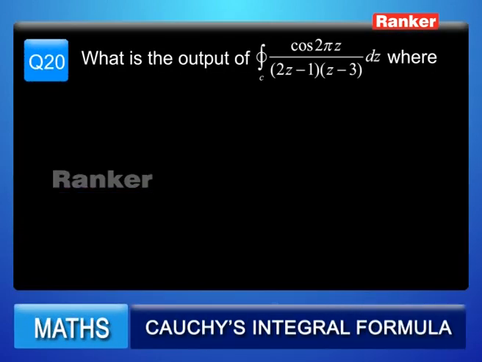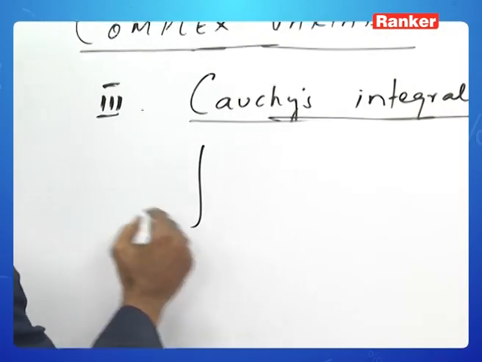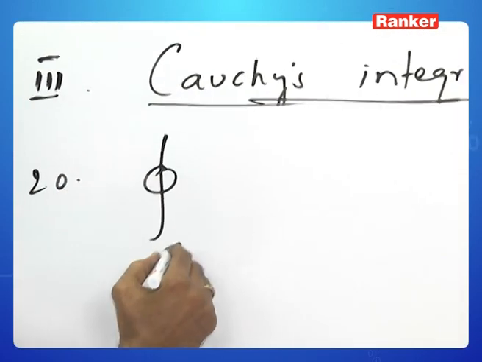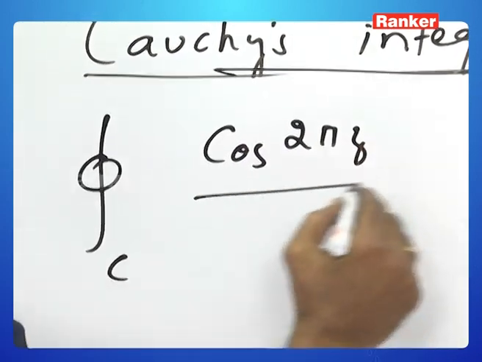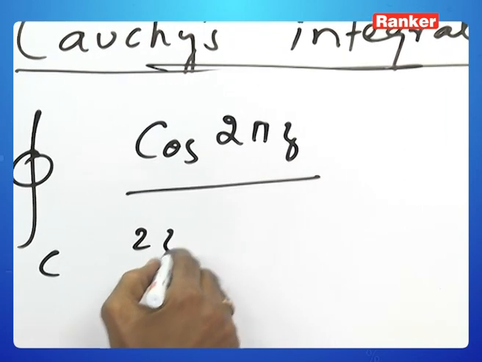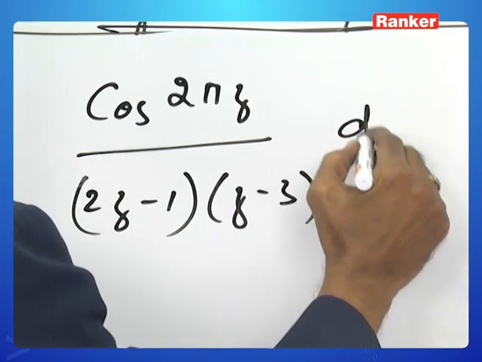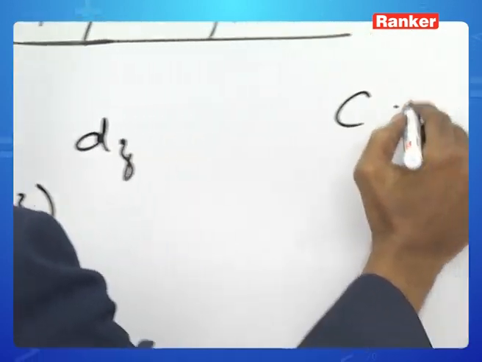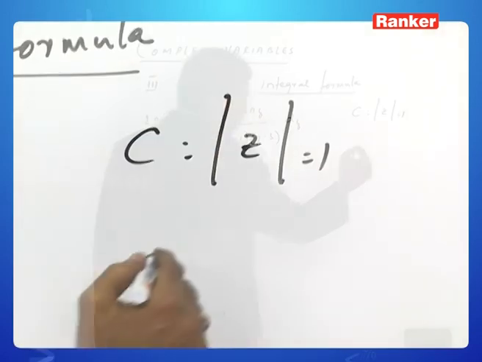Question number 20. What is the output of contour integral cos 2 pi z by 2z minus 1 into z minus 3 dz, where C is mod z is equal to 1? This is a unit circle centered at the origin.